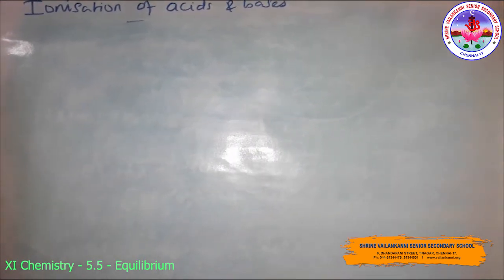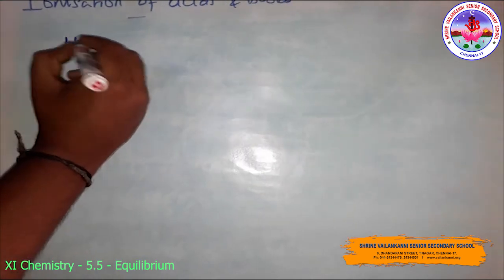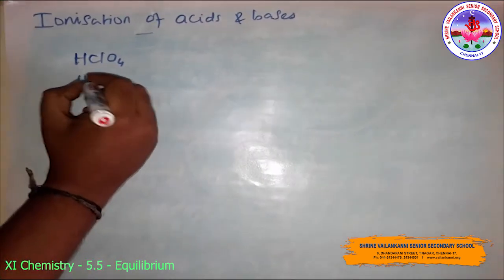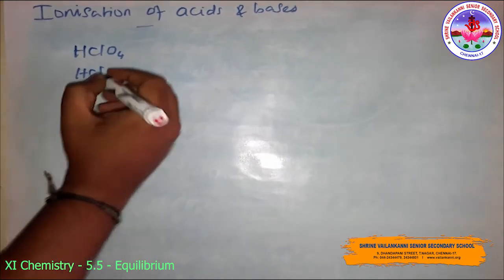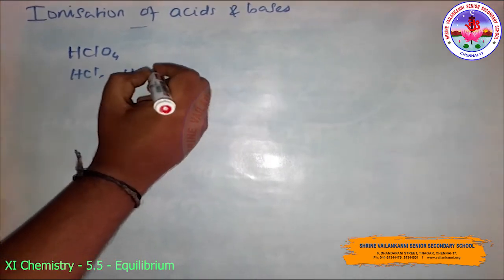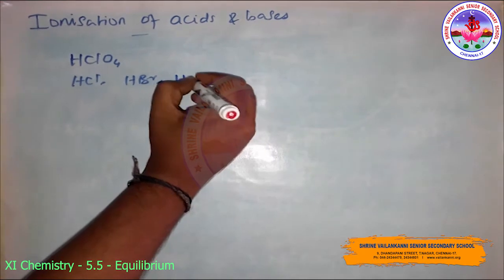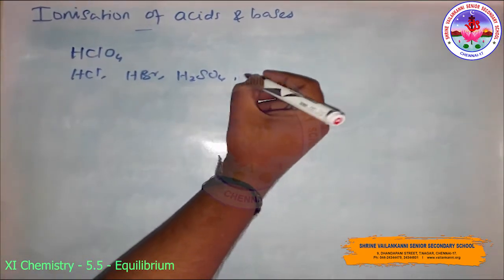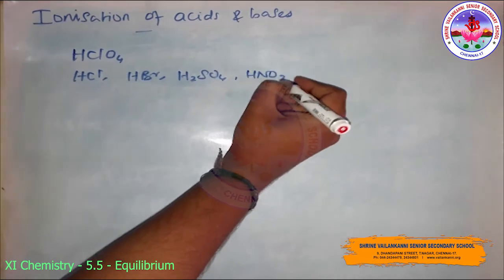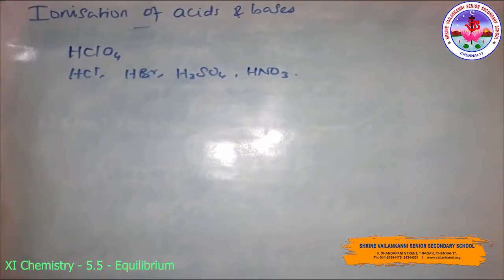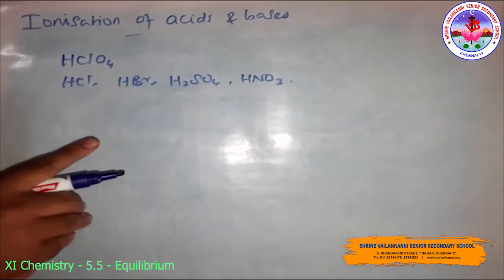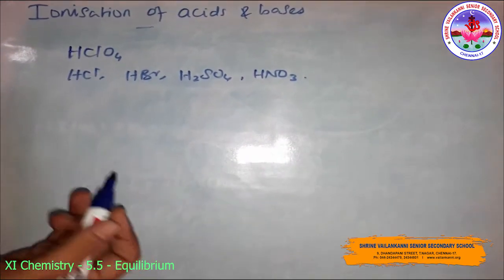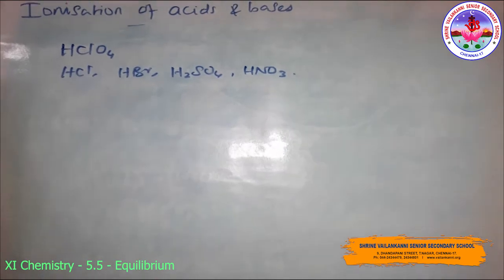The strong acids like perchloric acid HClO4, hydrochloric acid, hydrobromic acid, sulfuric acid and nitric acid are called strong acids because they almost completely dissociate into their constituent ions in the aqueous medium.